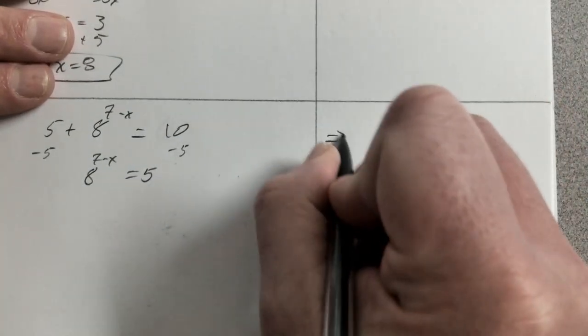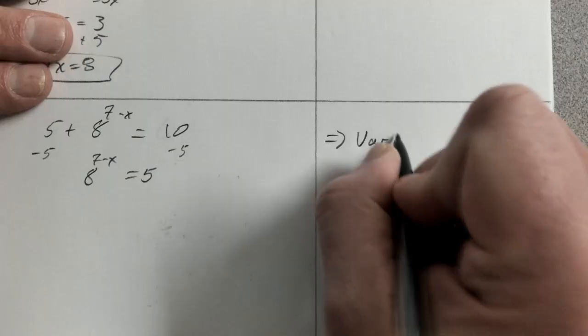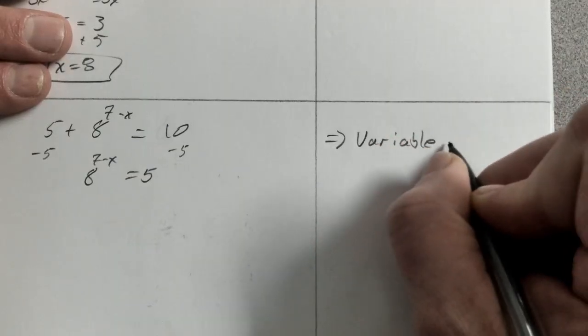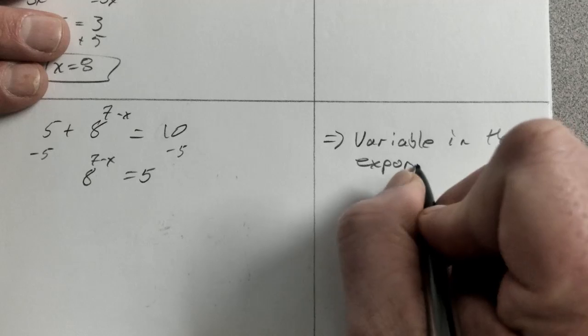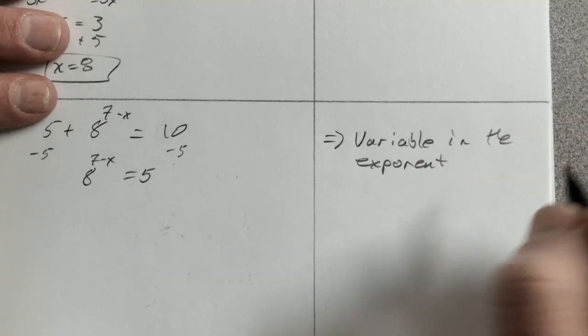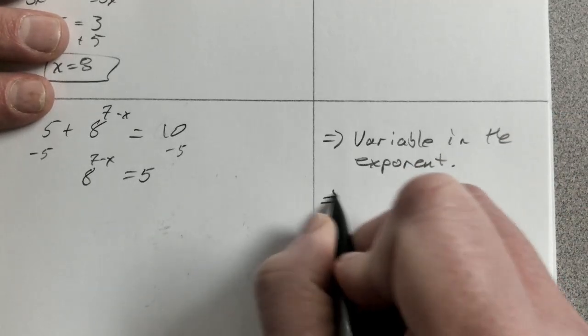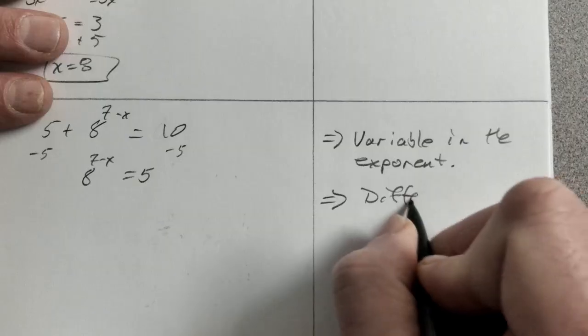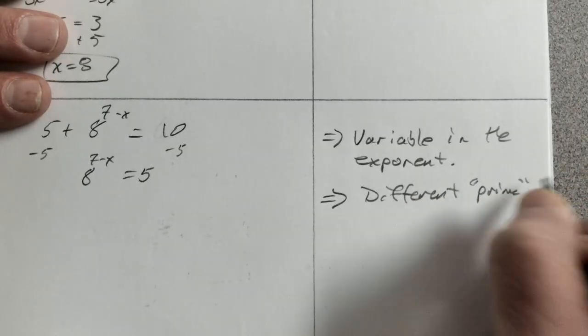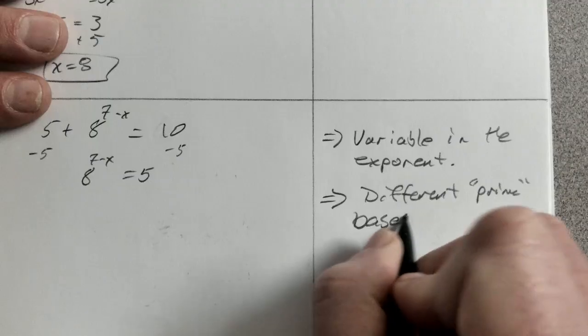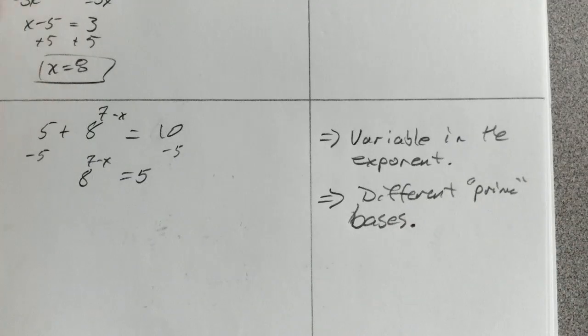Here we go. I'm going to say it like this. We have a variable in the exponent, and we have different prime bases. I use the word prime here loosely because it's not always going to be prime.